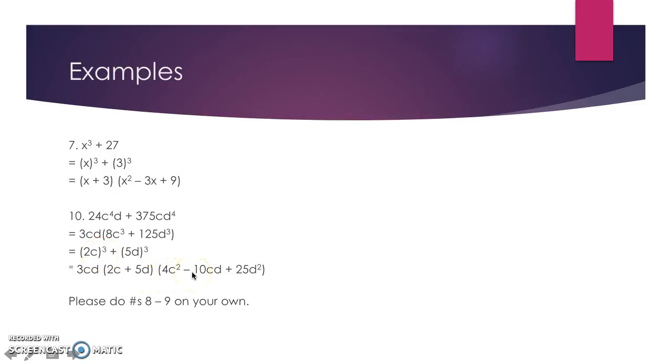And then I have my negative a times my b value, which is negative 2 times 5, which is 10, c and d, so negative 10cd, and plus my b value squared, which is 5d squared, so 5 times 5 is 25, and d times d is d squared.